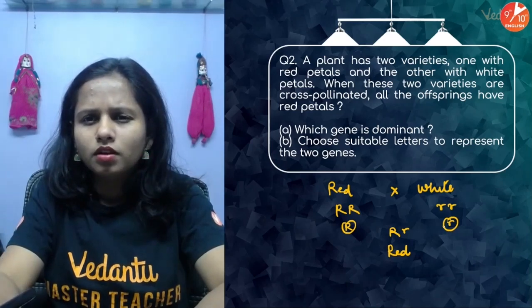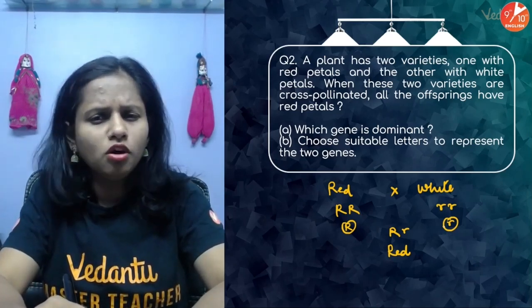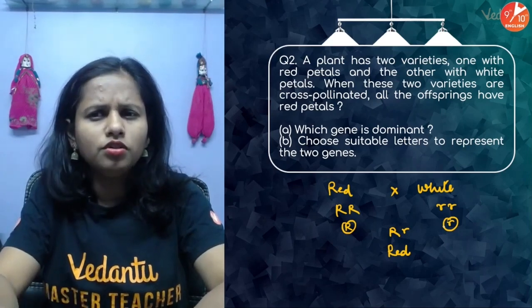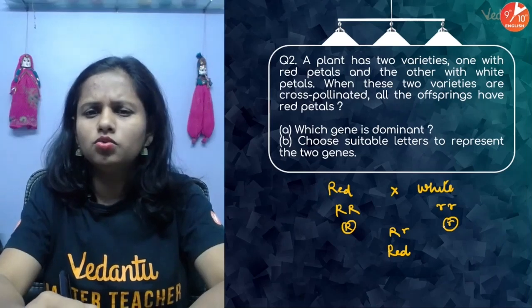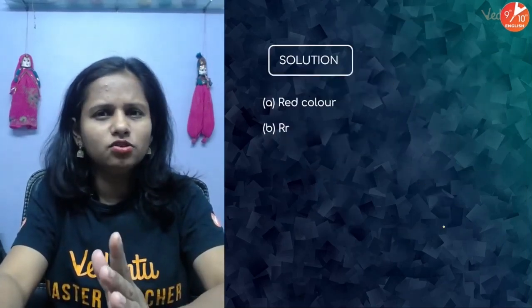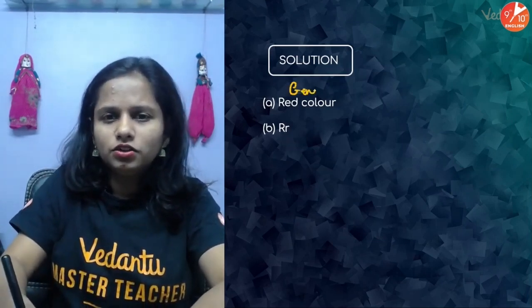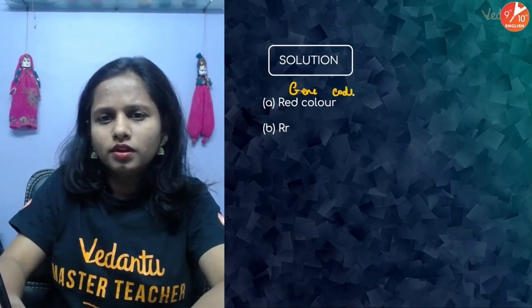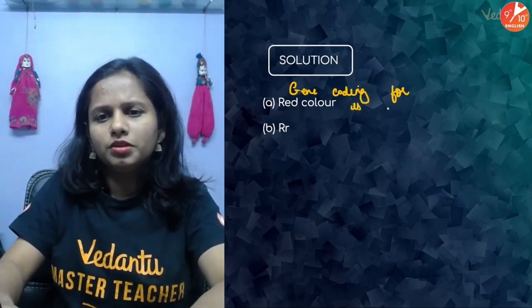Now it asks, which gene is dominant? Of course, capital R is dominant. Choose the suitable letter to represent the 2 genes. Red color is dominant, so you should write: the gene coding for red color is dominant.